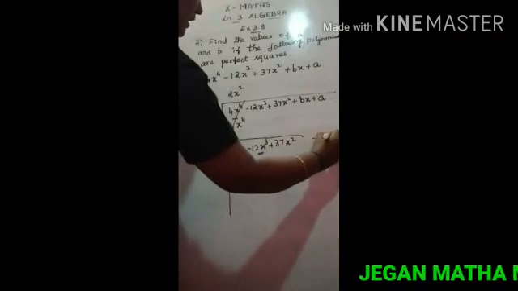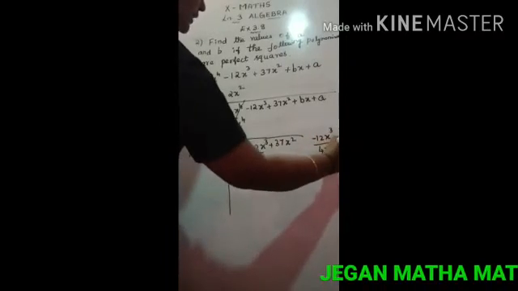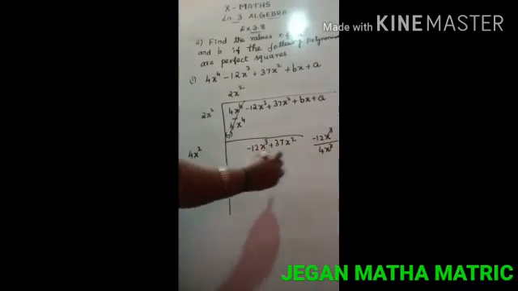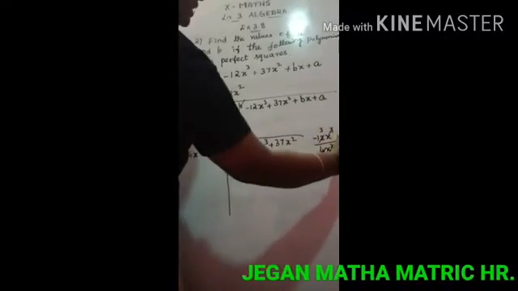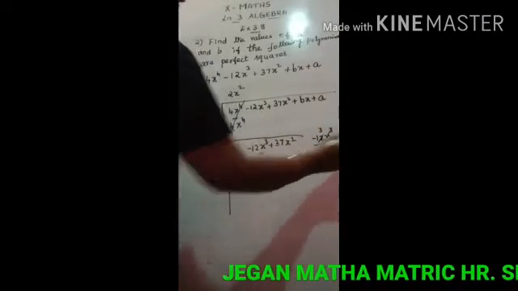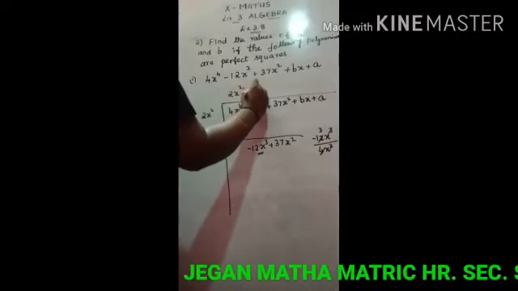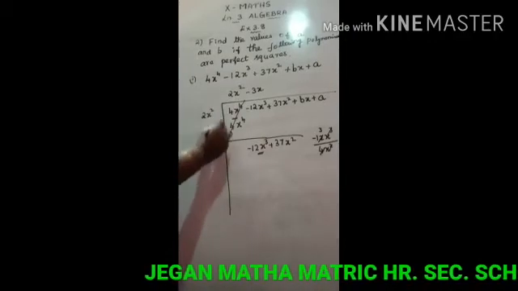We have minus 12x cube divided by 4x square. Then x power 2 cancels, remaining x power 1, and 3 4s are 12. Minus divided by plus, we have minus 3x. So adding the minus 3x in the quotient, the same we write at the side.